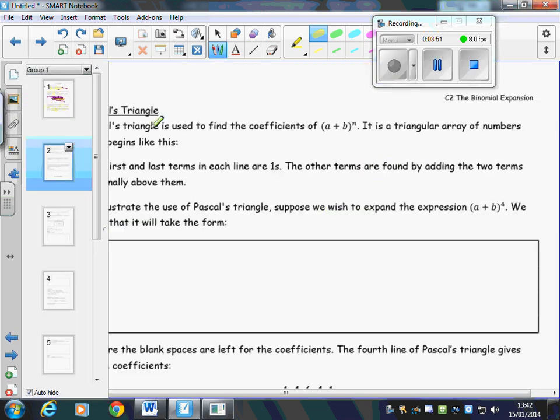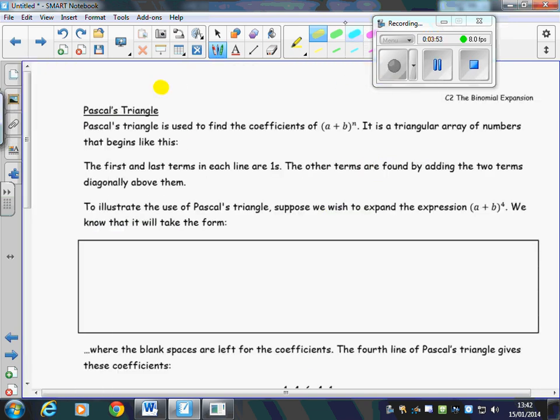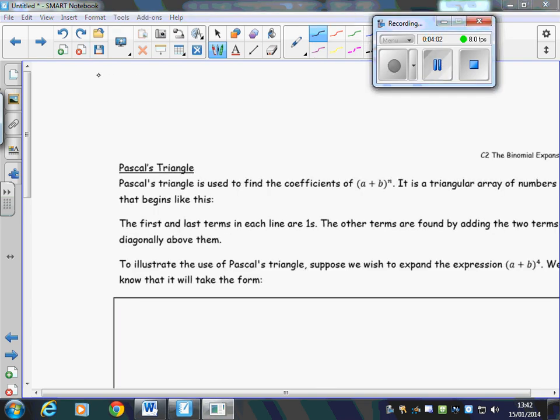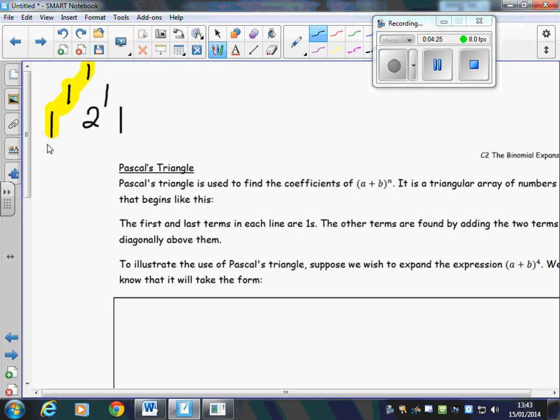So Pascal's triangle is set out in the form 1, and then below it I'm going to have a 1 again, and then another 1, and then below that I'm going to have 1, and then I'll do 1 plus 1, which will give me 2, and then I'll have another 1 at this end.